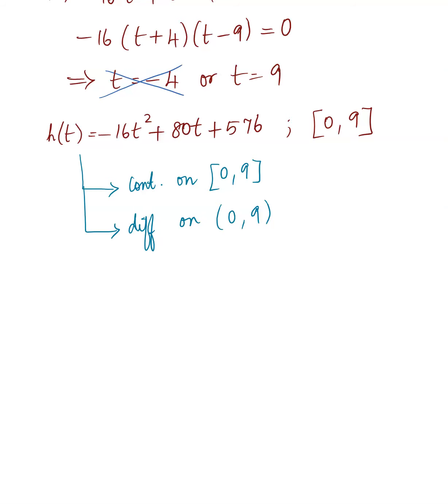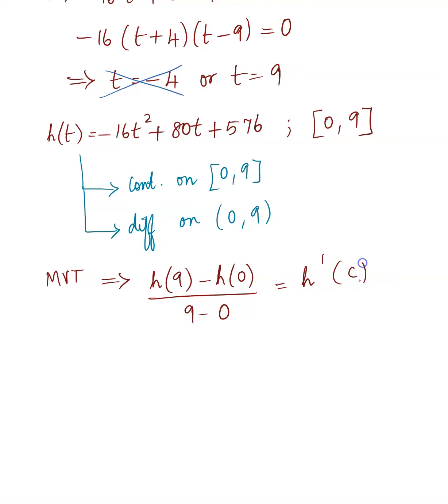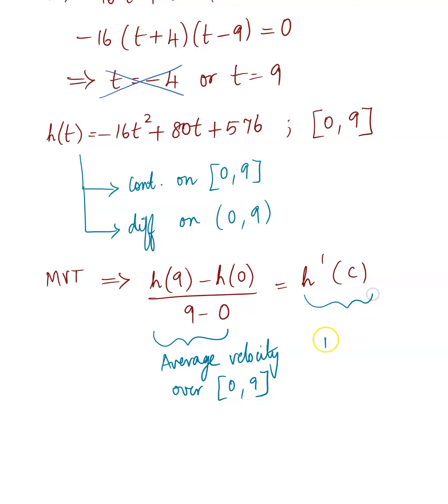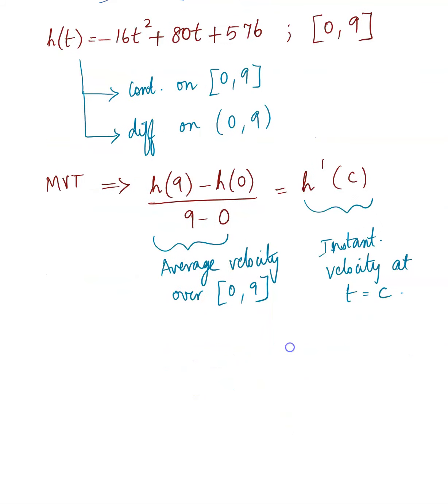So this implies MVT will kick in now. MVT says h of 9 minus h of 0 over 9 minus 0 must be equal to h prime of c. And as I just mentioned previously, this is the average velocity over this interval 0 to 9 seconds, and this is the instantaneous velocity at time c, when time is c seconds.